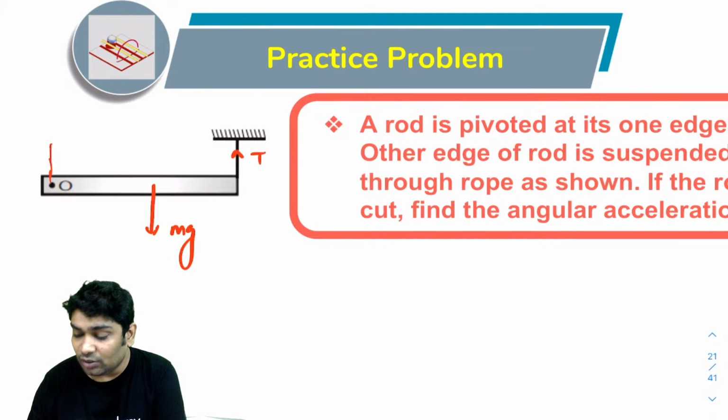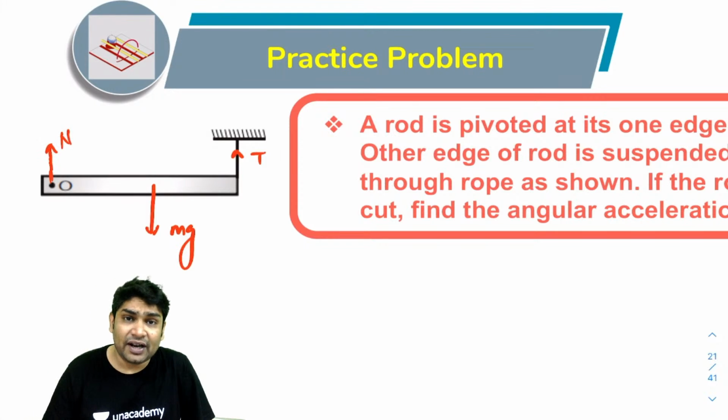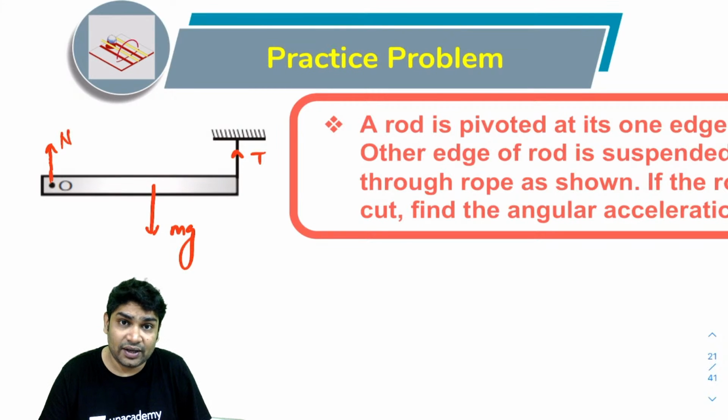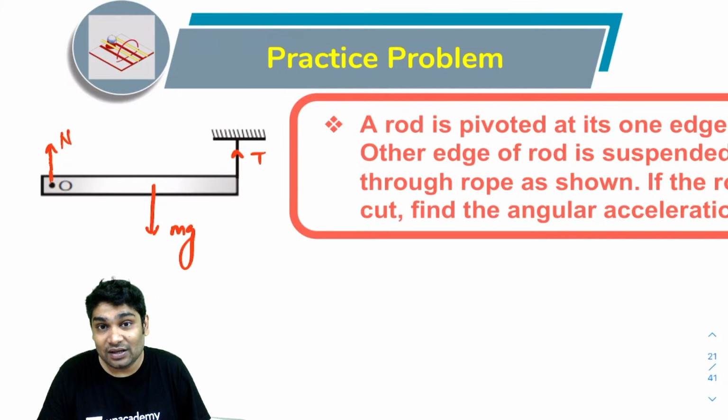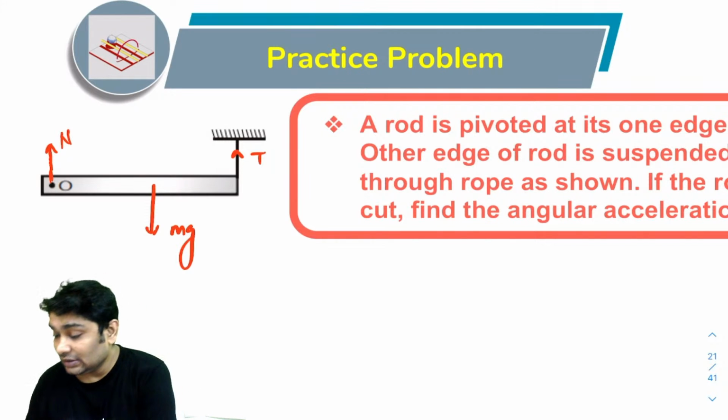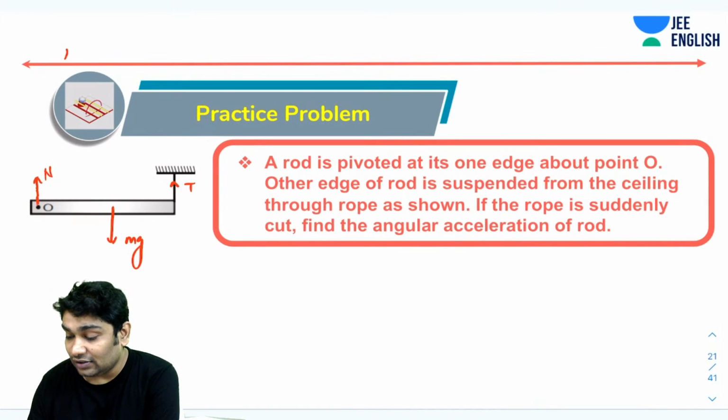And interestingly, the normal reaction could have had any direction, by the way. But in this case, the normal reaction would have only this direction. Now, please note that normal reactions from hinges can have any direction. Let's write a note of that.